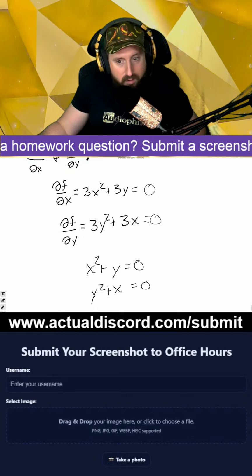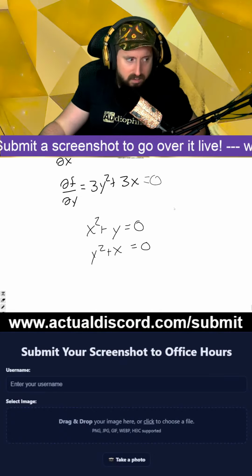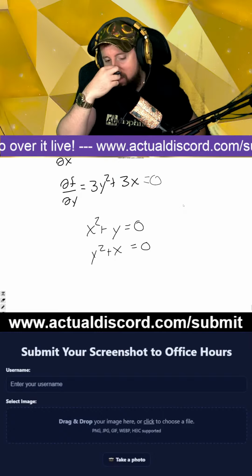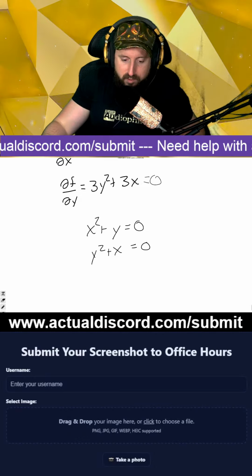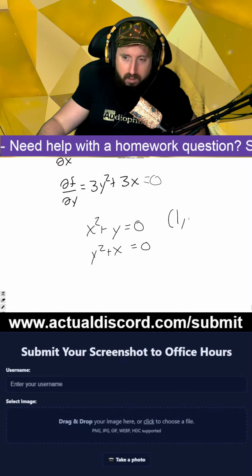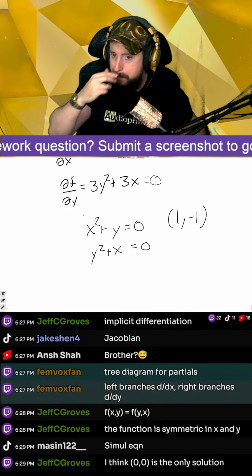Uh-huh. So how would we do this? I'm trying to think what combination of points does this. Well, if x is equal to 1 and y is equal to -1, that works for this one.